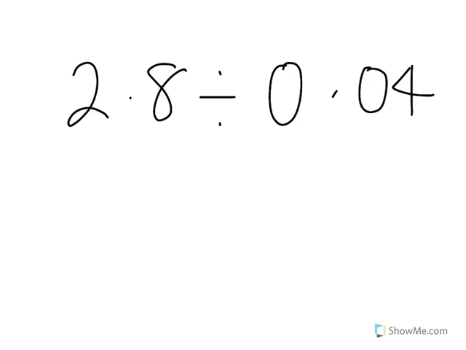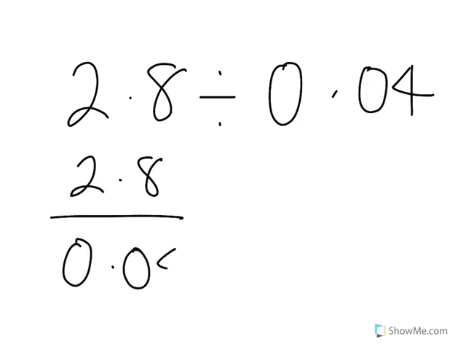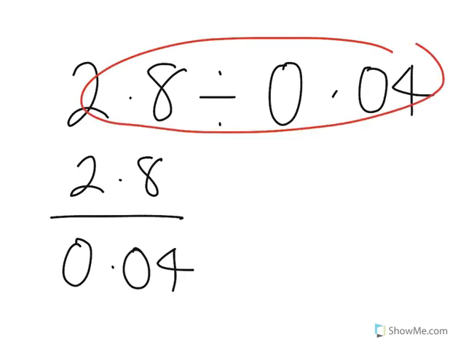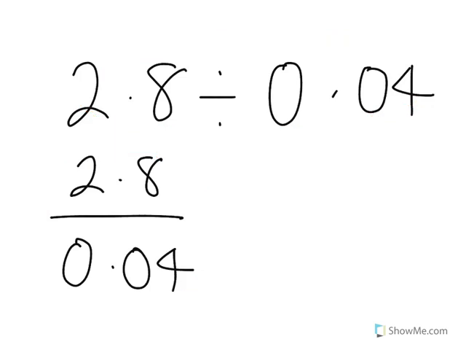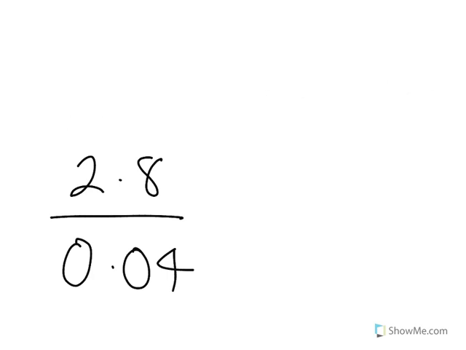Okay, the next question is 2.8 divided by 0.04. I hope that you've learnt by now that the fraction sign also means division. So you should all be able to change this question into this format. Once we do that, we can move the decimal point. So we don't need this anymore. We can move the decimal point 1 spot that way and 1 spot that way.